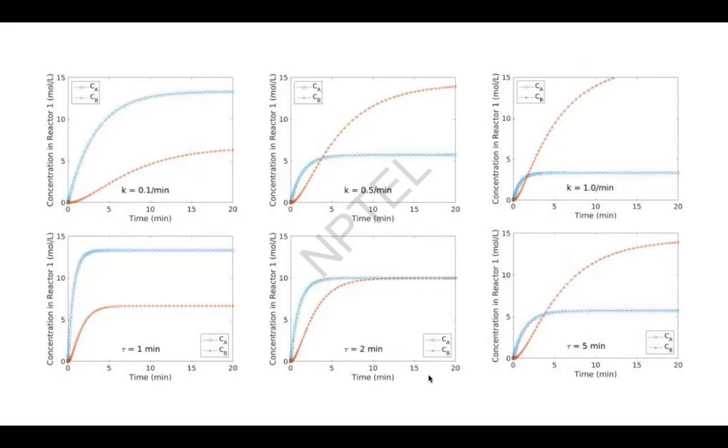Any doubts? Is everything clear? I hope you understood how to calculate the steady state time also. We observed that if you're increasing k, your steady state time increases. If you're increasing tau, your steady state time also increases. Okay. Any more doubts in this area?